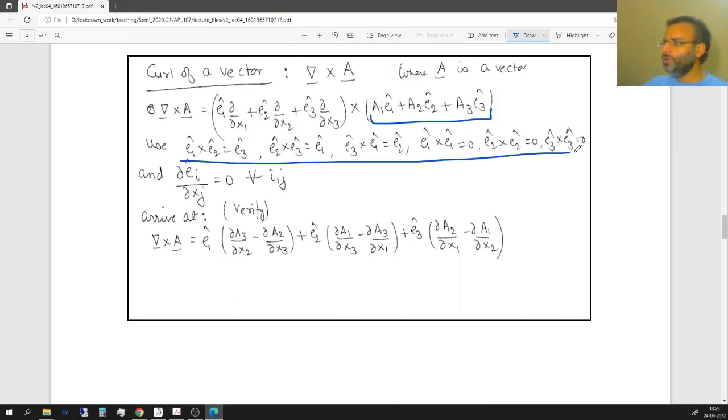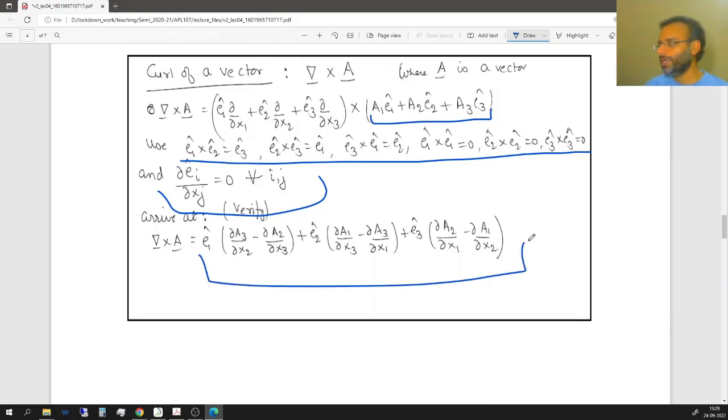You use your usual relationships, E1 cross E2 going to E3 and so on, and cross product of the same vector, E1 cross E1, will go to 0, etc. And given the fact that the unit vectors of a Cartesian coordinate system do not change with spatial coordinates, you should be able to get this simplified form, what I have here.